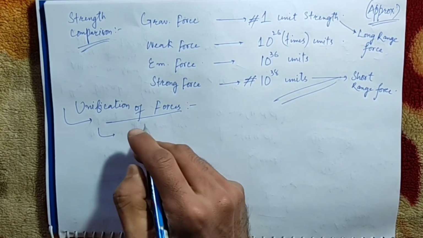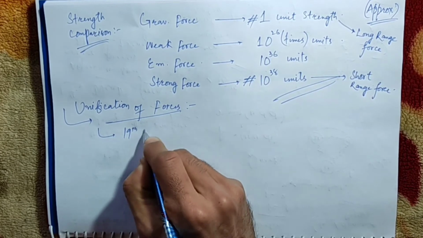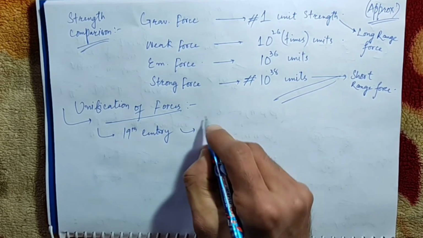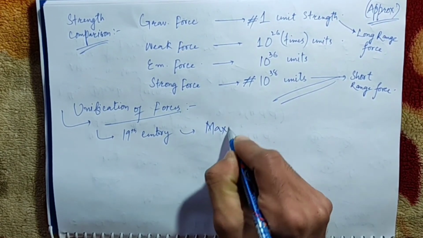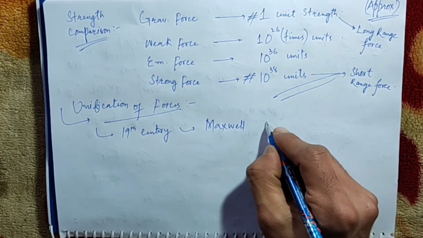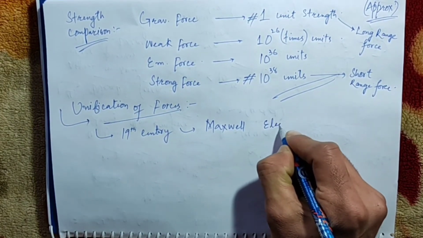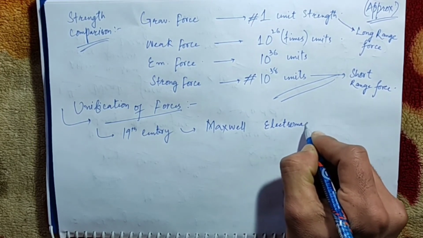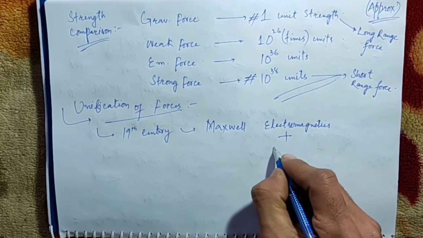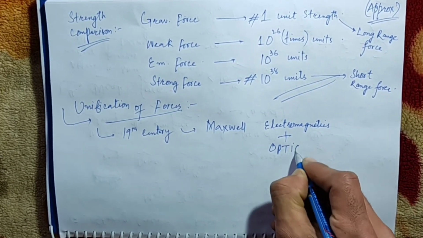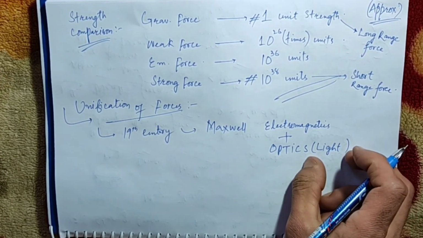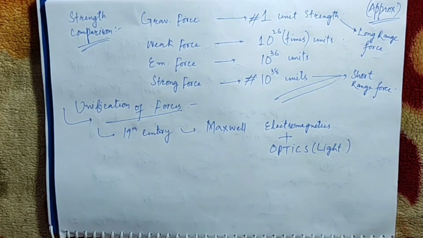Look, in the 19th century, Maxwell, a great physicist, you might have heard his name, unified electromagnetism with optics, the subject which deals with light.